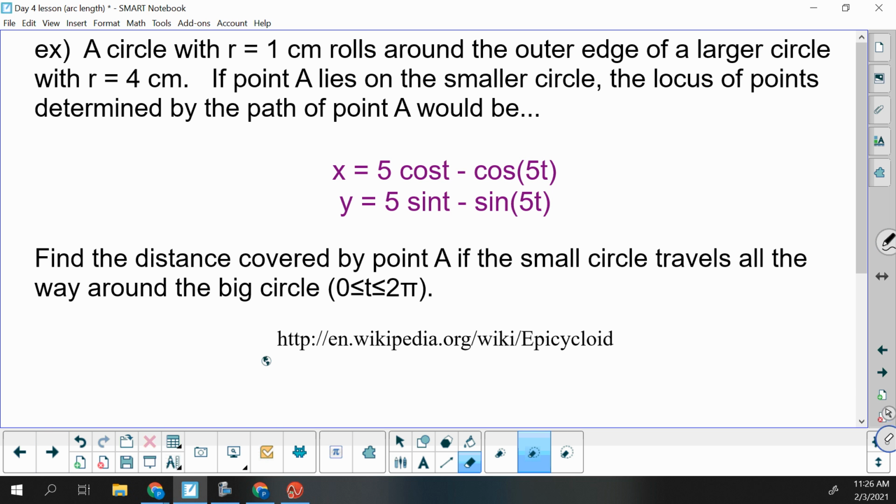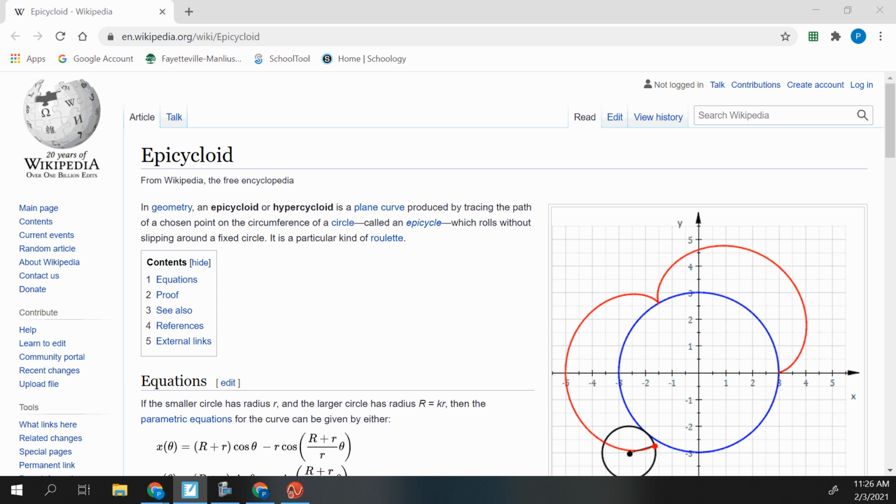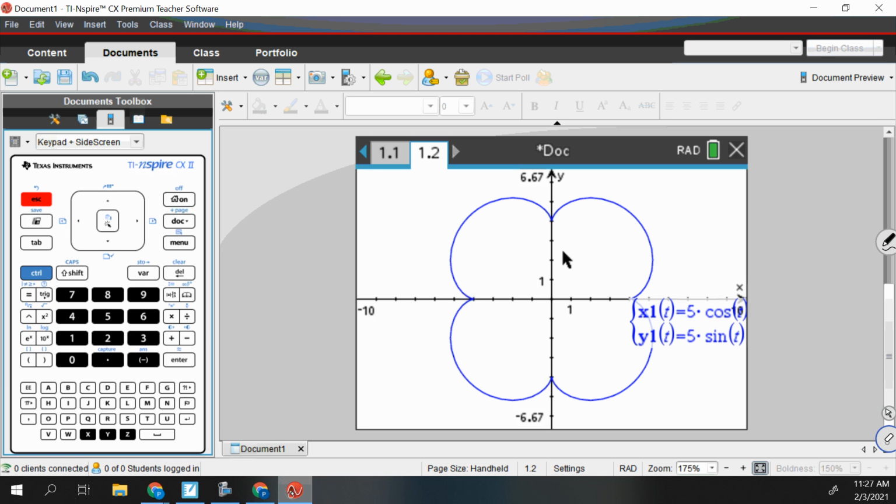Now the video I found has the radius as 3 and 1, so it's going to look slightly different. So there's the smaller circle rolling around. Notice there were 3 sections because the bigger circle had a radius of 3. The difference for ours is we're going to have a radius of 4 for the large circle. So when we do that, we'll end up with a picture like this.